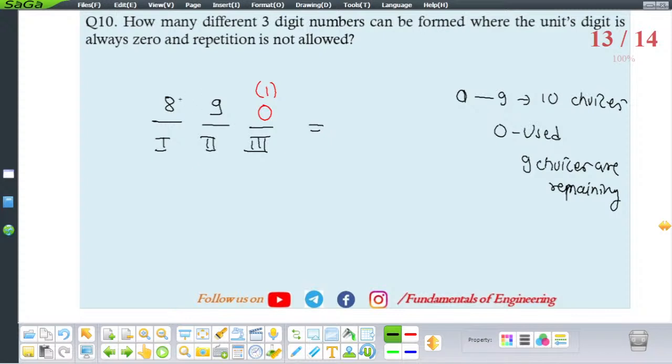So from the 9, only 8 remain. So 8 into 9 into 1, not a 0. 0 is the fixed position, so one possible choice there. So 8 into 9 into 1 is 72. That is the final answer, 72, when the unit digit is fixed.